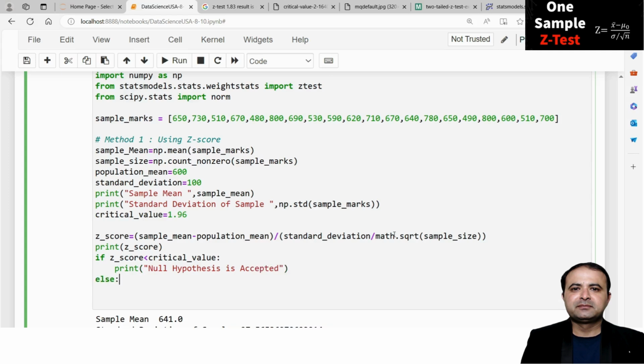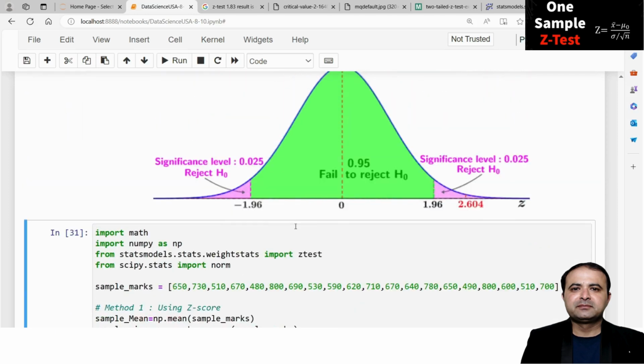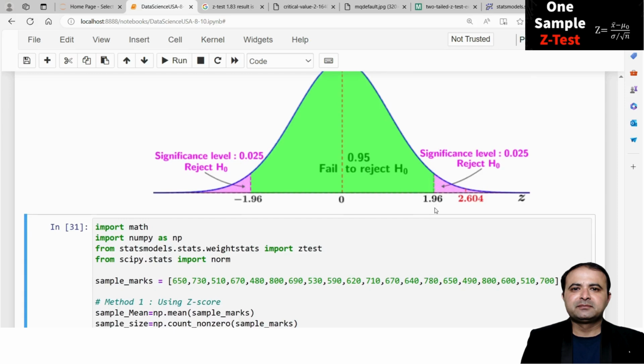Otherwise, we reject the hypothesis. Now, if you try to do this, the null hypothesis is accepted because the value is less than 1.96.